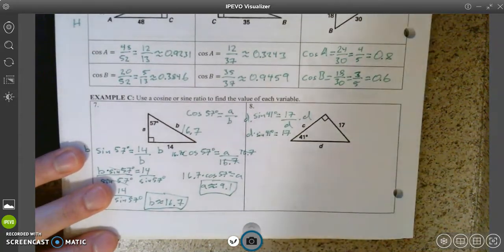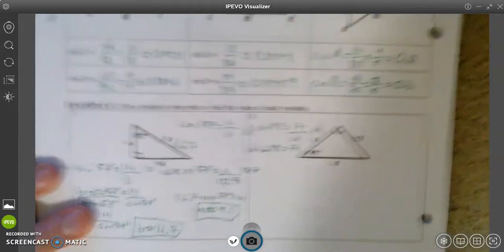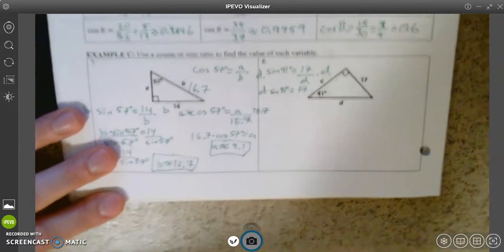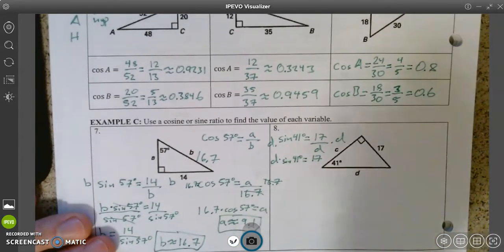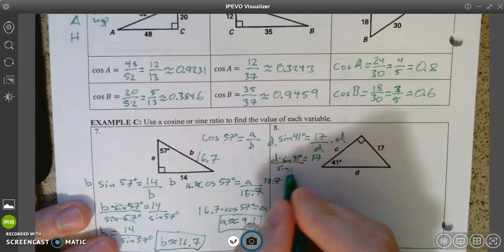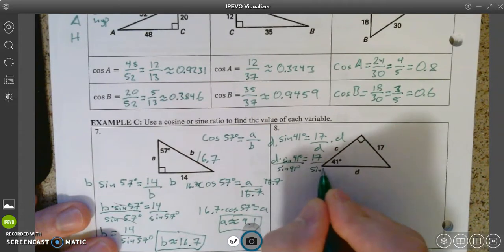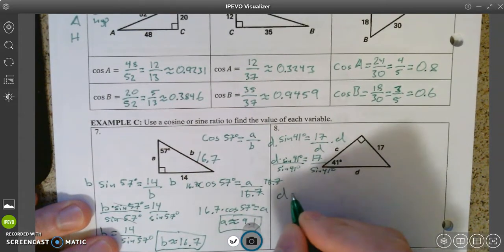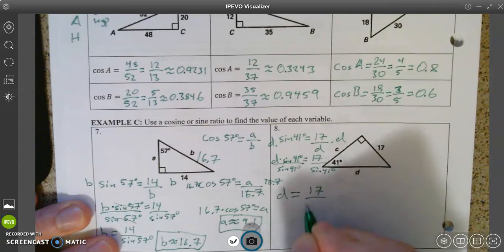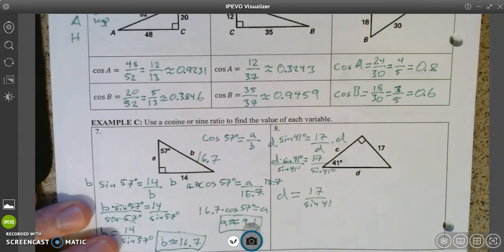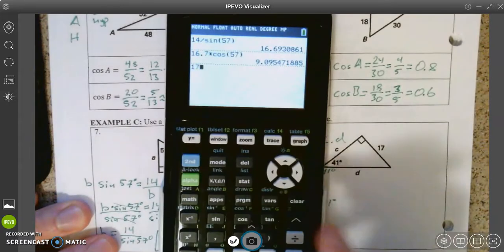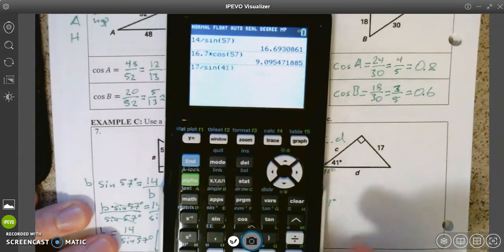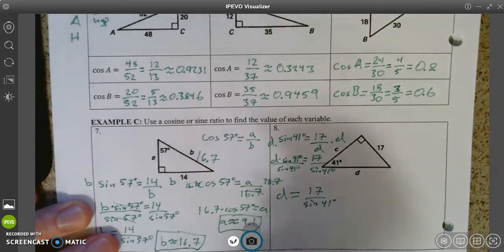So now if I divide by sine of 41 degrees on both sides, then we get D is equal to 17 divided by sine of 41 degrees. So if I take 17 divided by sine of 41 degrees, I get 25.9.